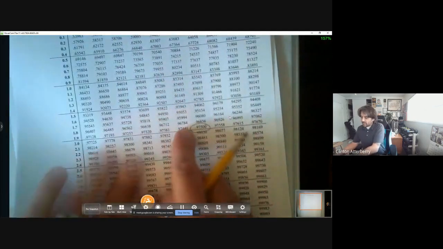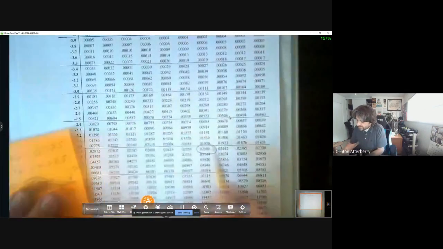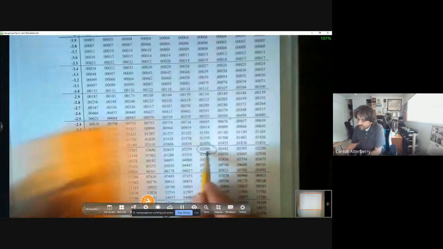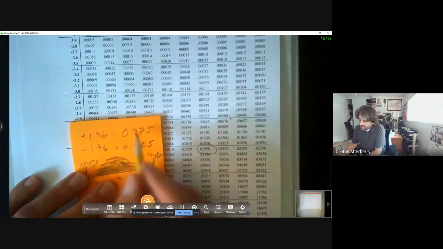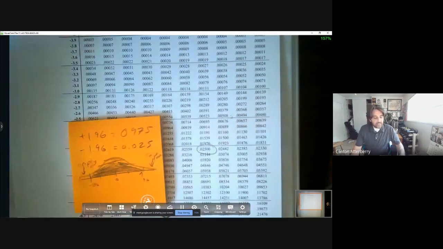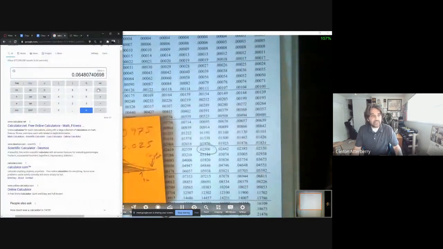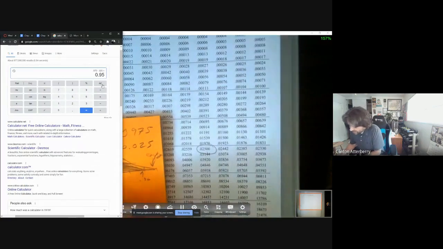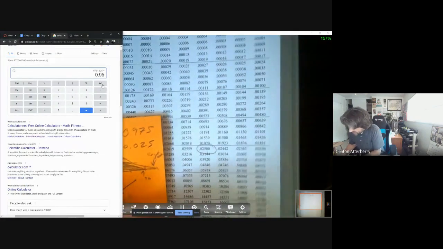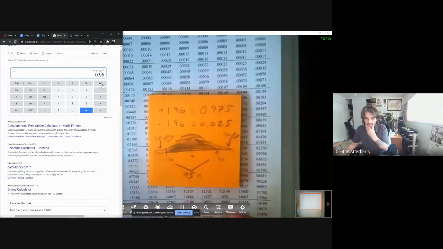But we have to take away all this little stuff over here. So if I take 0.975 and take away 0.025, what's left over is that. So this right here is actually 95% of your numbers.